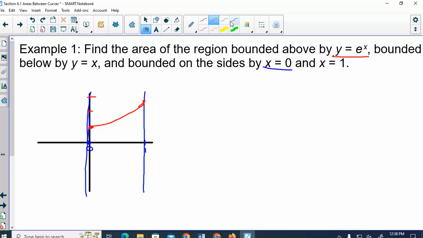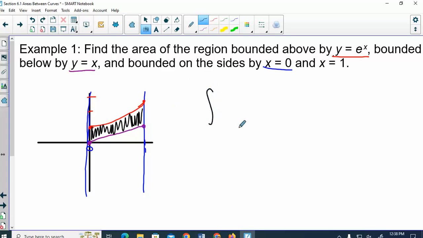Okay, then my other one was y equals x. So that's the identity. 0, 0, 1, 1. So we are finding this area right here. How much is contained between those?